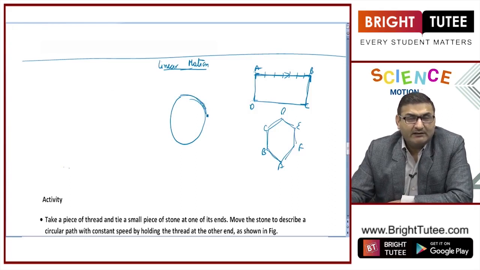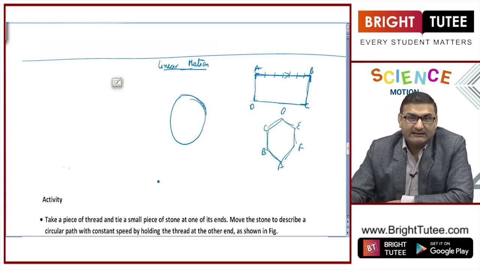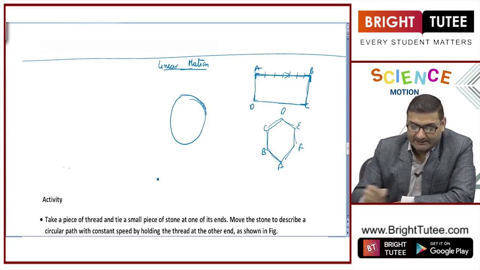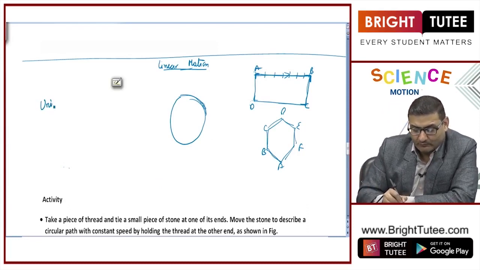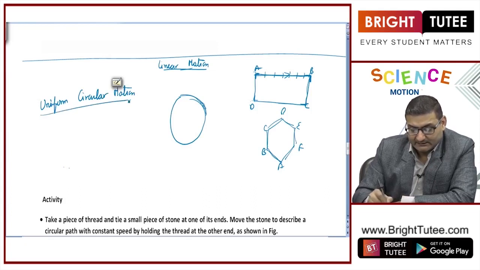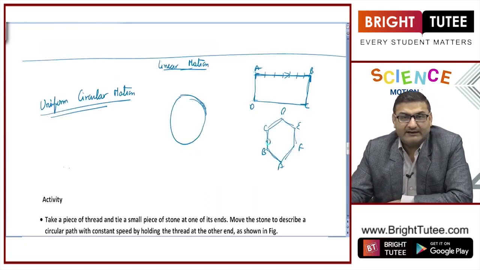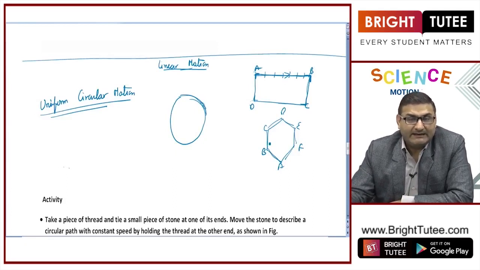Now whenever a body is moving in a circular path, and it needs to maintain uniform motion, a uniform circular motion, then we can relate by the concept we have studied that it has to accelerate in order to maintain the uniformity.